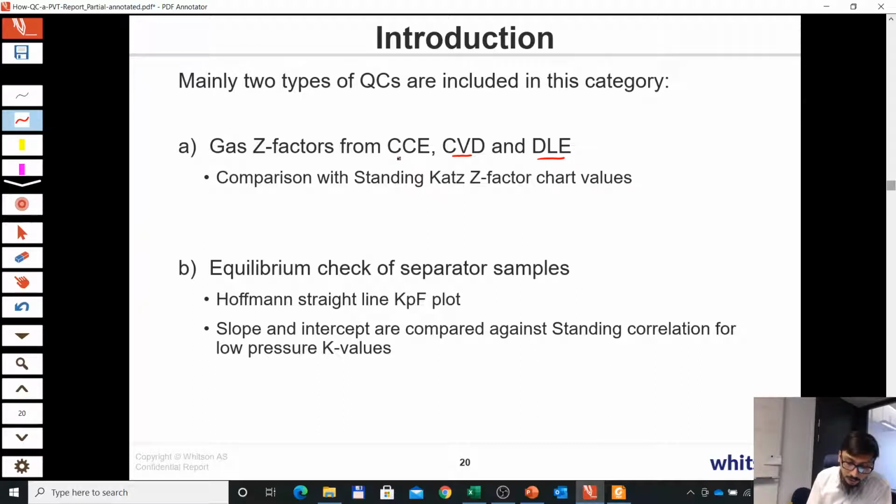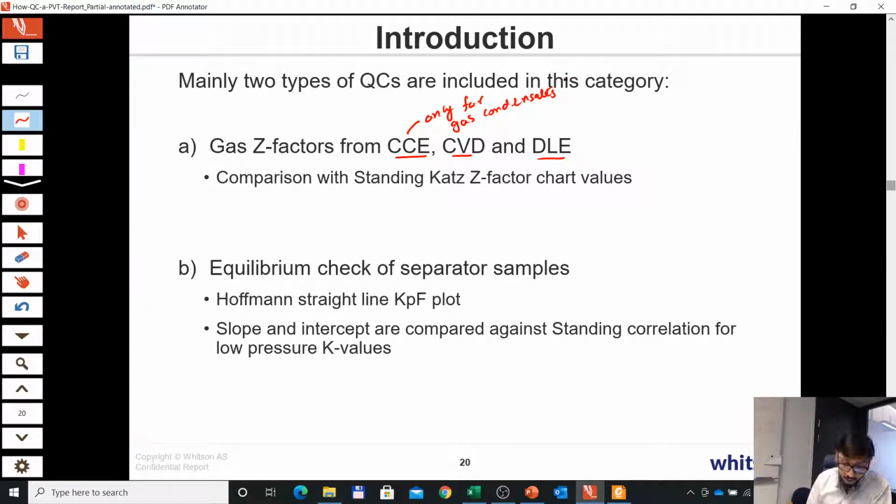And the gas Z factors in the CCE are only for gas condensates. There we will be comparing the reported gas Z factors with the Standing-Katz Z factor chart values.